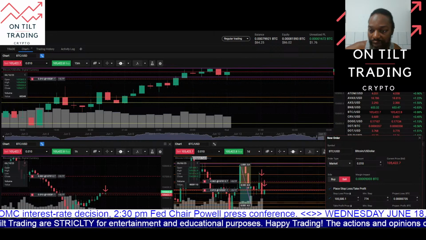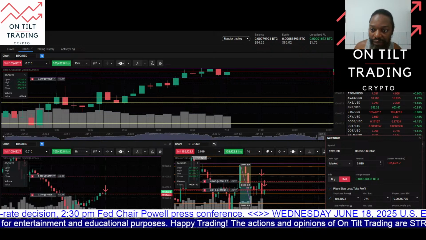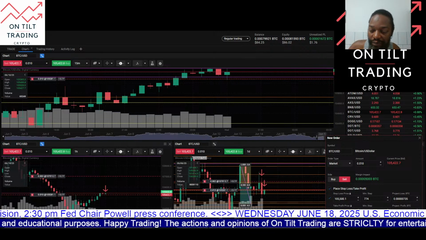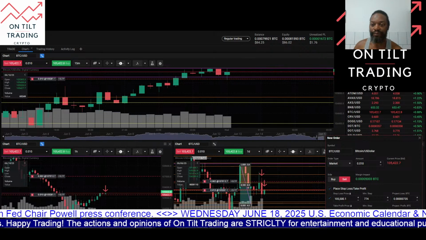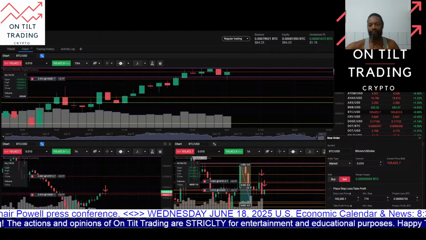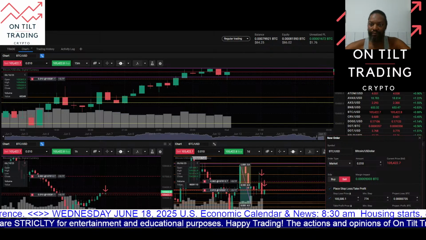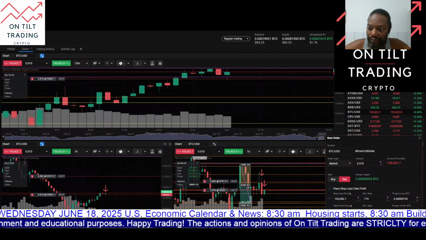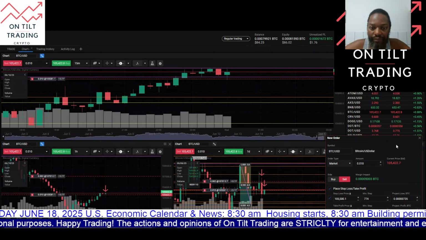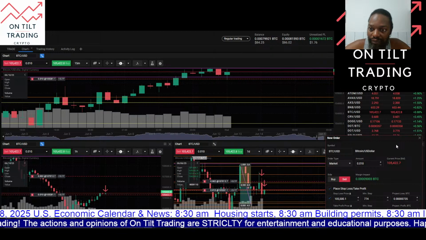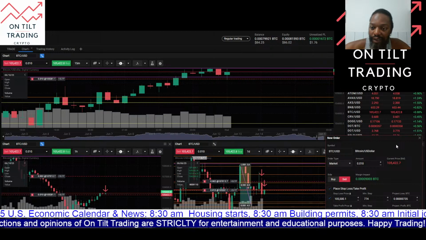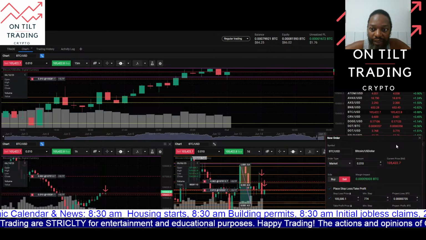Price still being delivered to the sell side following that reaction from the range high. And price stalled here at the 105,420 level at 105,422.7.